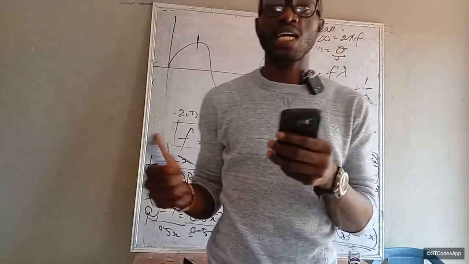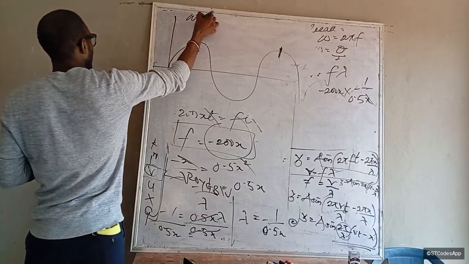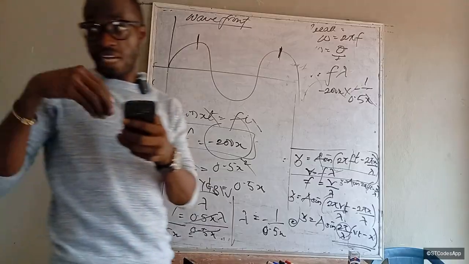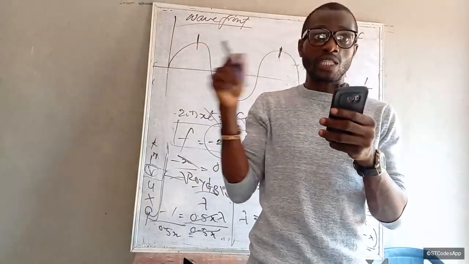The answer to that is wavefront. But to be on the safe side, if you have a question like this, the answer you should pick is D, surface wave on water.